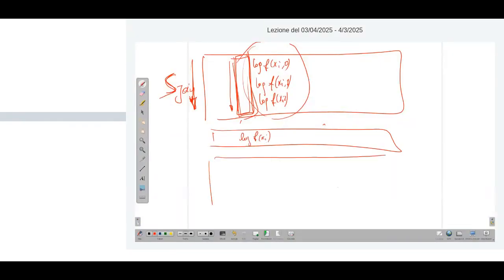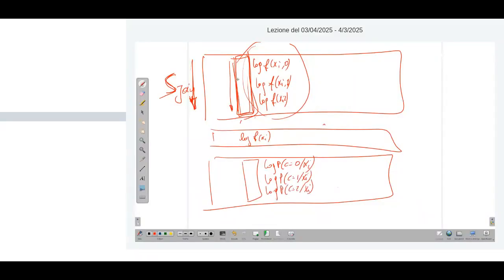To compute the posteriors, what do we need to do? Well, the vector of log posteriors is obtained how? For a single vector, I need to take the corresponding vector of log joint and subtract, remember that the log posterior is the log joint minus the log of the marginal, because it's the joint divided by the marginal, and in the log domain division becomes subtraction.